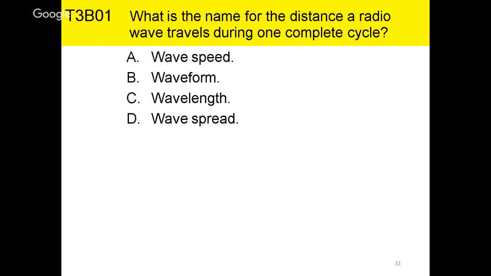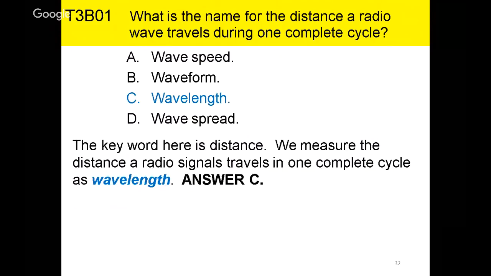So what is the name for the distance a radio wave travels during one complete cycle? And again, we talk about not the wave speed or the wave form or the wave spread. We're talking about wavelength. There is a particular length that one cycle of a frequency travels.